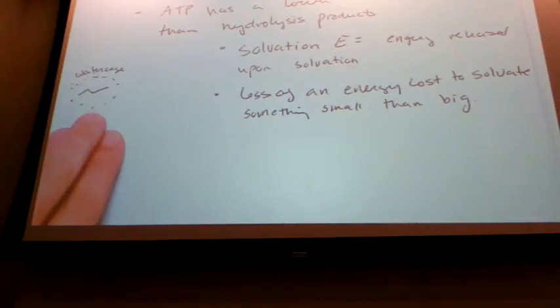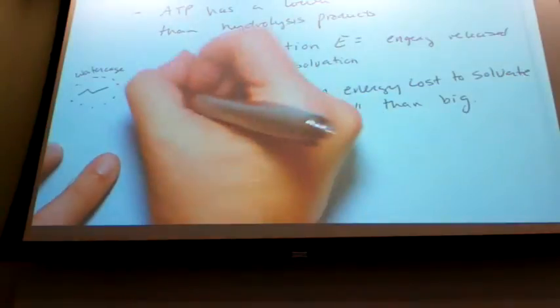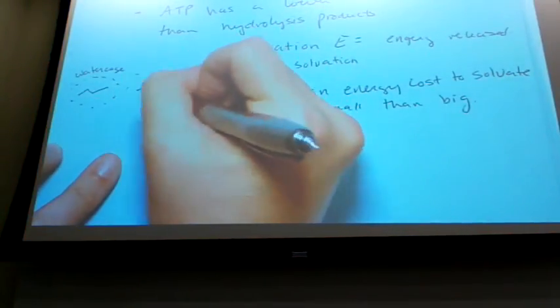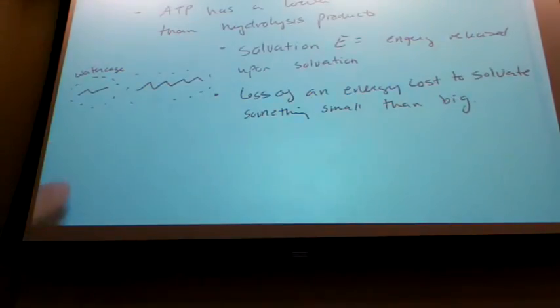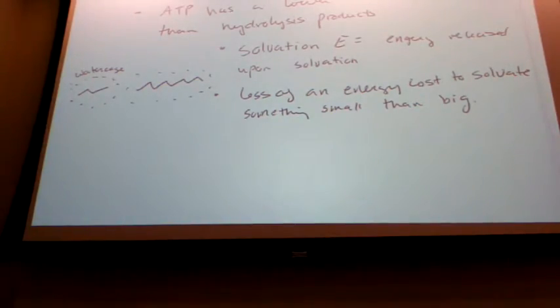But water has to build this cage around the molecule, and the bigger the molecule, the bigger the cage, and there's an entropy cost there. And so it's much easier to solvate little things, because you only have to build a little cage, than it is to solvate something that's very big. And so that's also something that contributes to ATP wanting to be hydrolyzed, wanting to be broken down into smaller species.